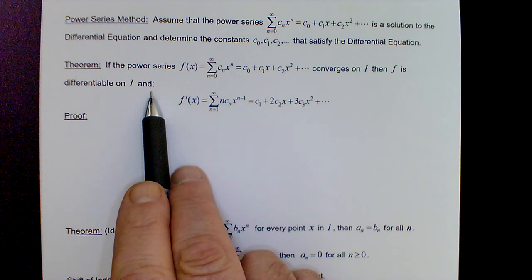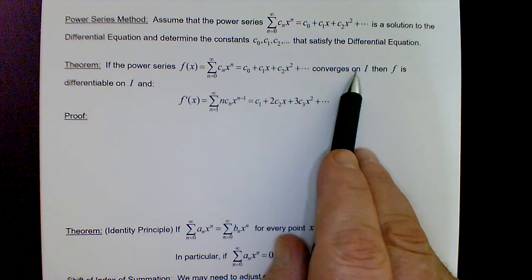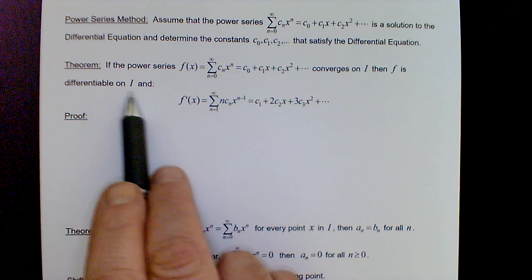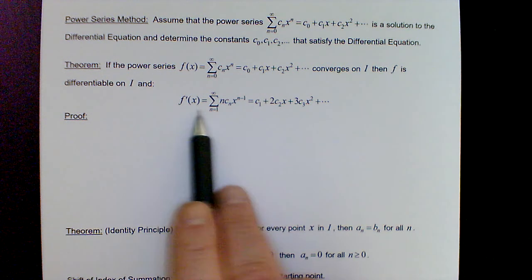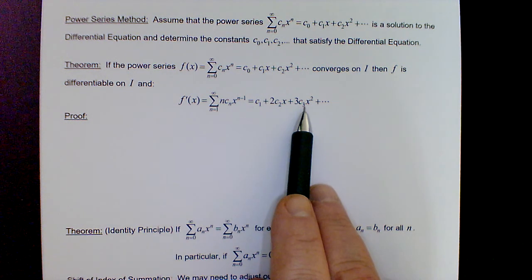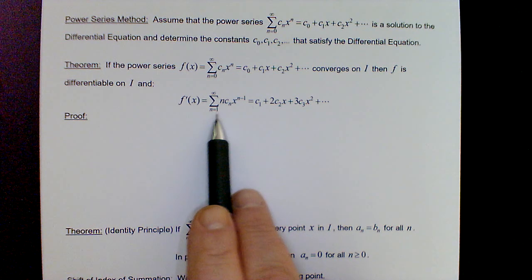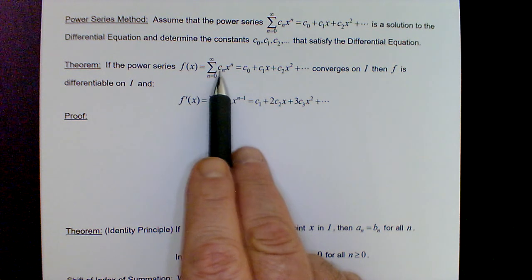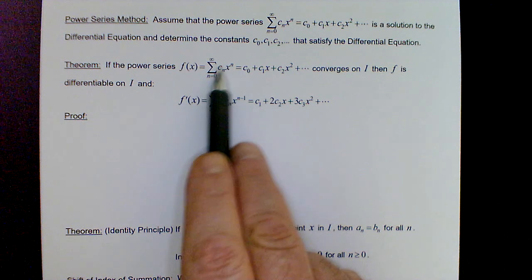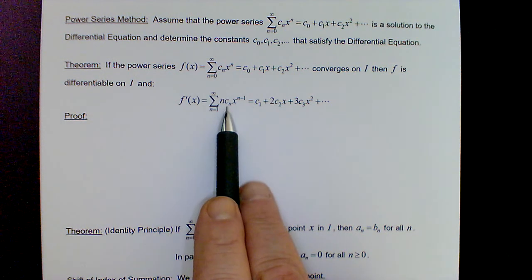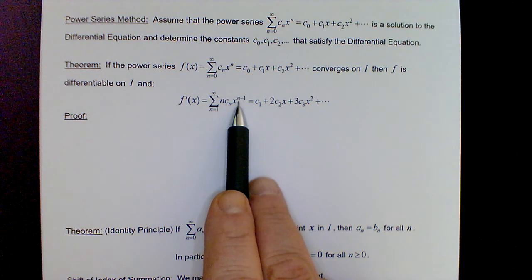If it converges on I, then f is differentiable on I, and this is our expression for the first derivative. Now notice that the index changed to 1. It's almost like we took the derivative of c sub n x to the n by swinging the n down in front times c sub n times x to the power 1 less.